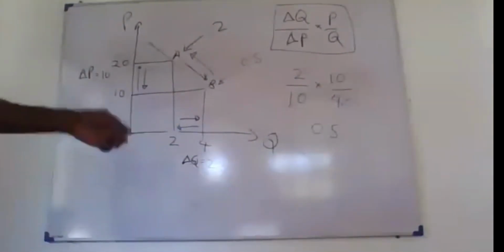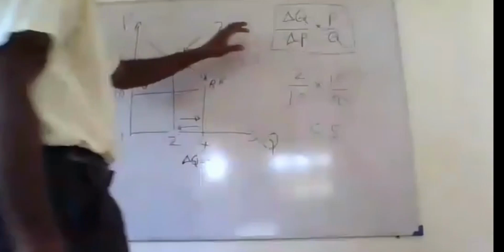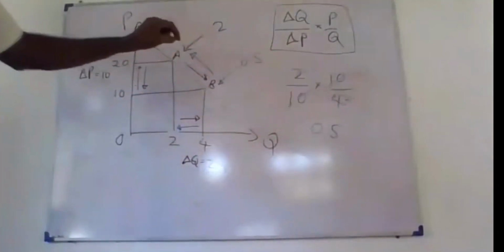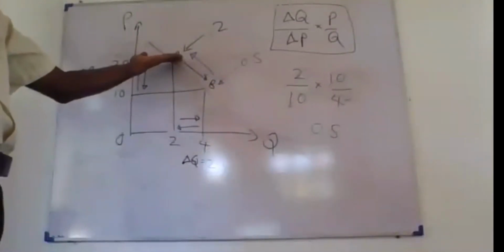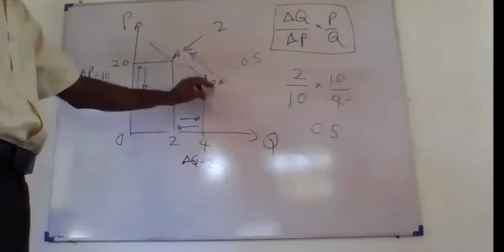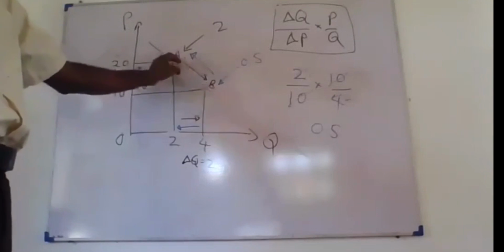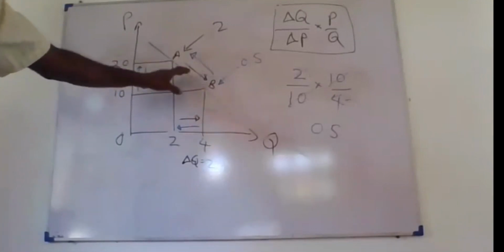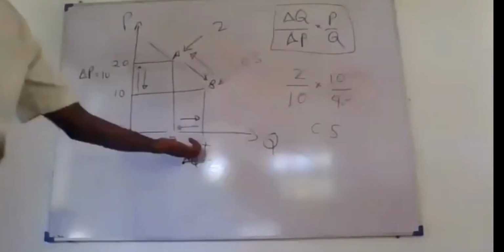In point elasticity calculation, what we are interested in is the elasticity at a particular point. In this case, point A, when there's a price decrease, and when there's a price increase, we are interested in point B. So the elasticity values we are calculating depend on the initial point, not the proportionate change.